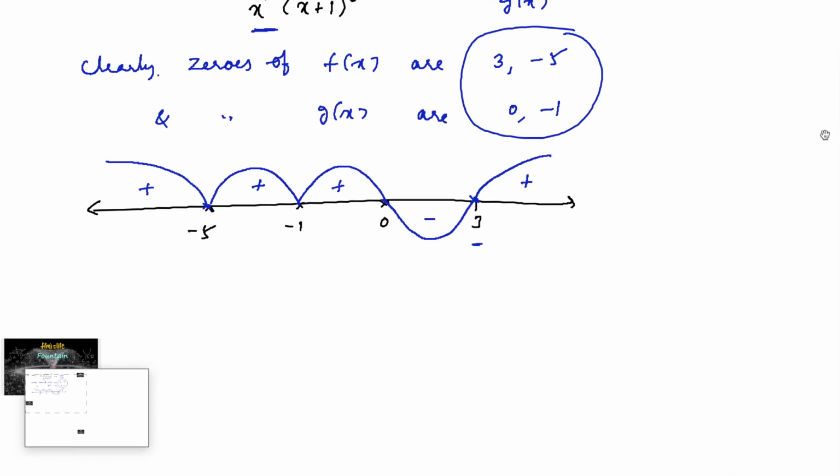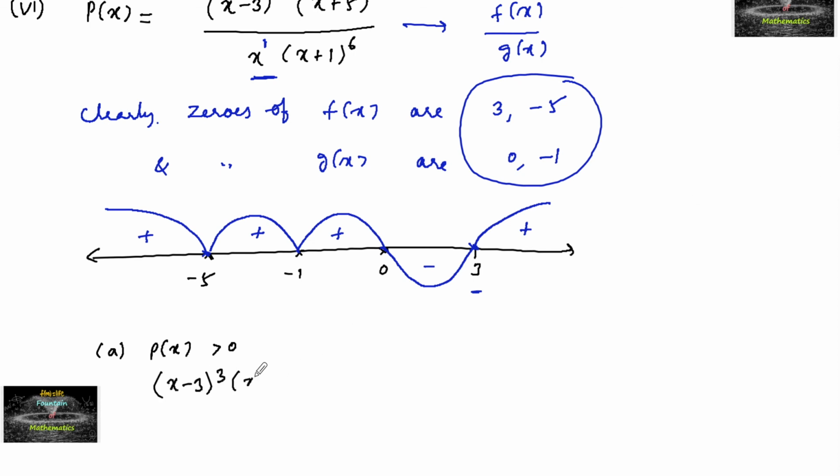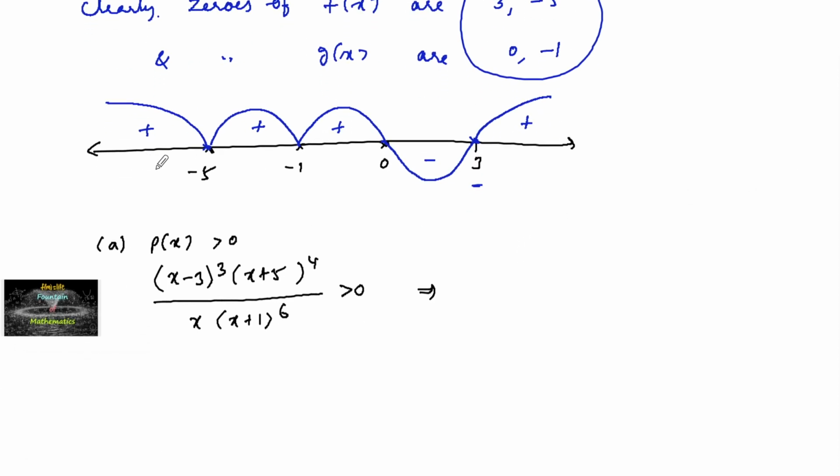For p of x, let us assume p of x is greater than 0. That is, (x minus 3) whole power 3 into (x plus 5) whole power 4 divided by x into (x plus 1) whole power 6 is positive for the values of x belonging to minus infinity up to 0, but excluding the points negative 5 and negative 1.